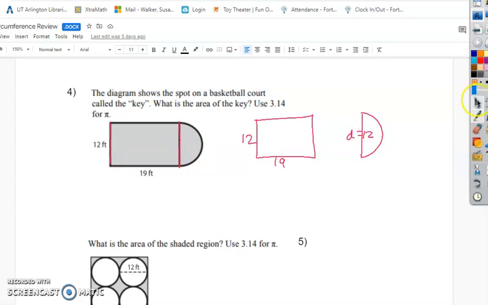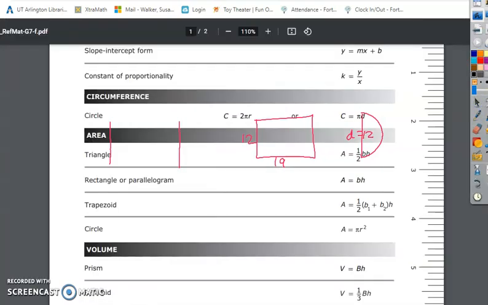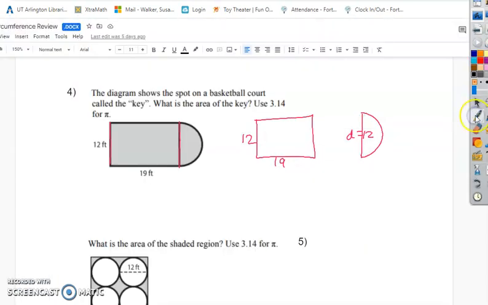As you remember, when we're doing area of a circle, it's A equals pi r squared, so I need the radius. So what's the radius of the semicircle if the diameter is 12? And hopefully you know the radius would be 6. Because that's half, right? Half of the diameter, okay?